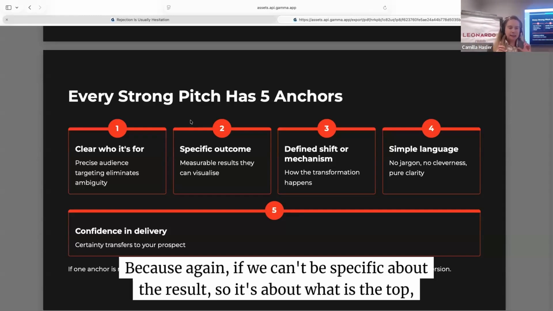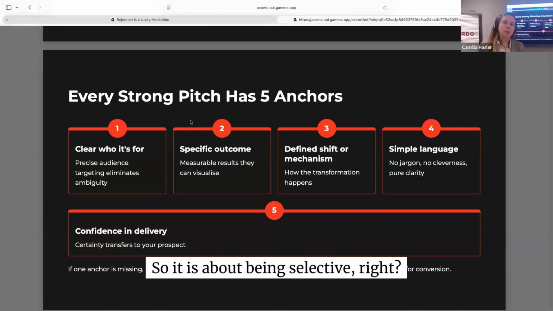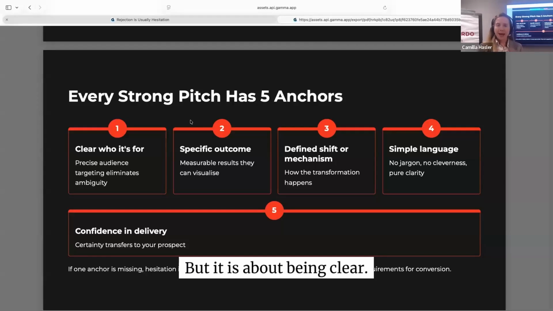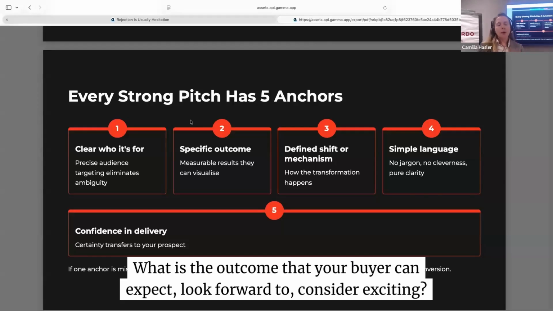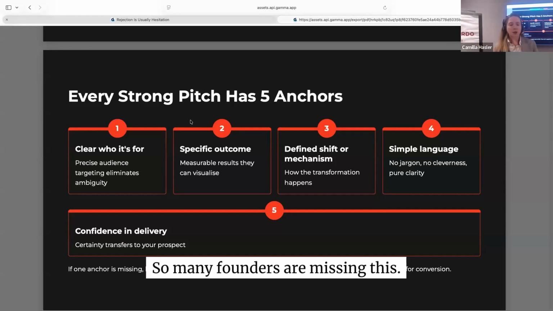Because if we can't be specific about the result, so it's about what is the top 1 result or pain point that your buyer urgently wants to avoid. So it is about being selective, but it is about being clear. What is the outcome that your buyer can expect, look forward to, consider exciting? And it's introducing this early on. So many founders are missing this.